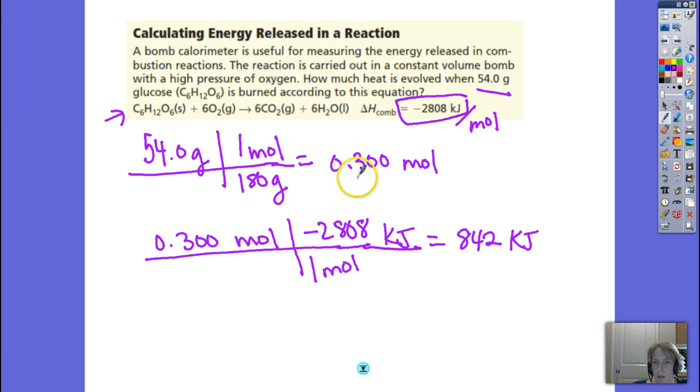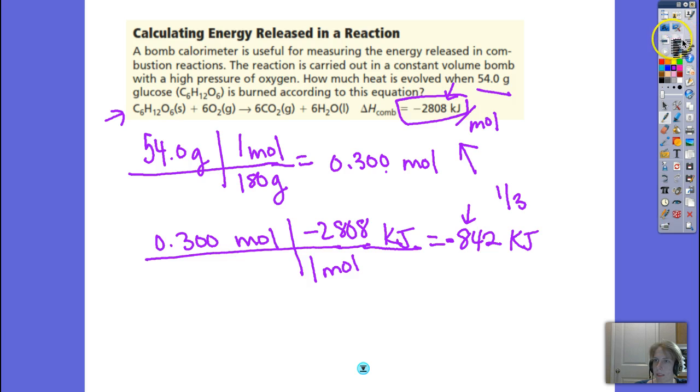If we have about 1/3 of a mole, it would make sense that this number would be 3 times less than what we would get here. So 1/3 of this, and this looks like about 1/3 of that value. So it's your favorite proportions, essentially. And also our number will be negative.